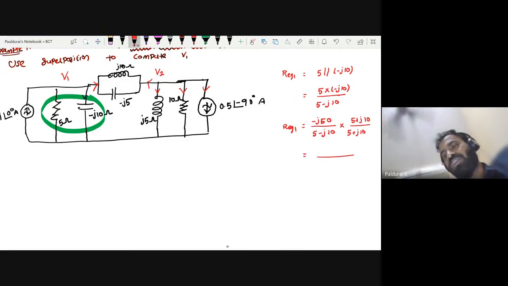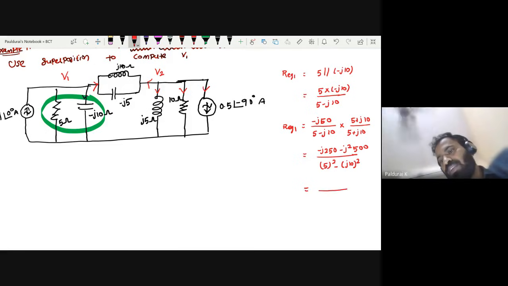So now what is this value? 5 minus J10 into 5 plus J10. Coming to denominator, A minus B into A plus B, nothing but A squared minus B squared, where B is J10. So A squared minus B squared. Coming to numerator, 5 times minus J50 is minus J250, then minus J squared 500.